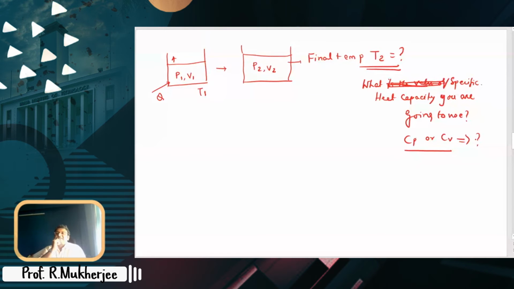Ayush Aryan, very clever answer. Yes, that's the way to find out the temperature. You cannot use the m Cp delta T in whichever form. Because under this system, neither CP is going to suffice nor CV is going to suffice.